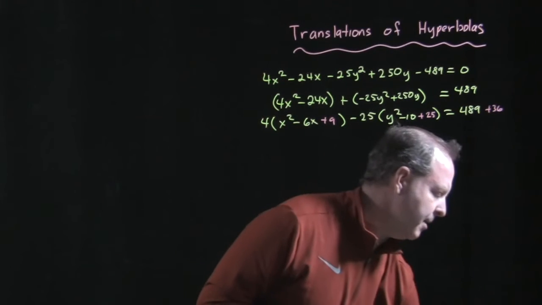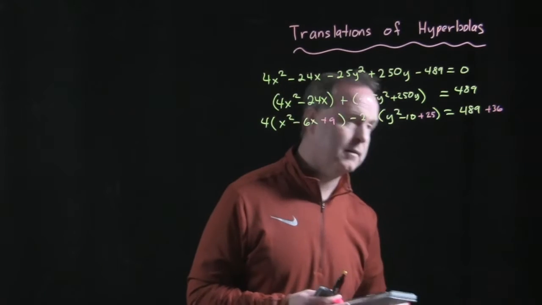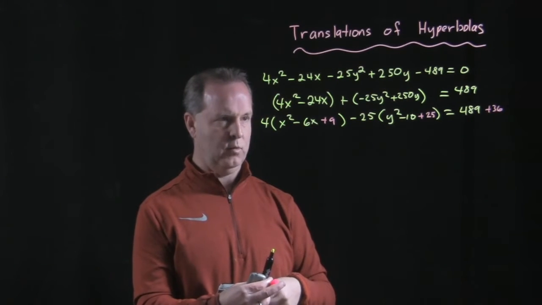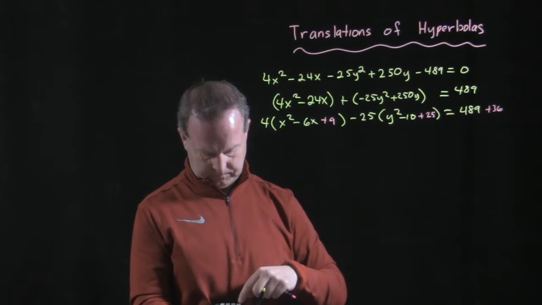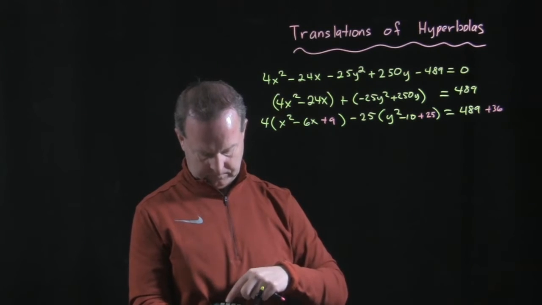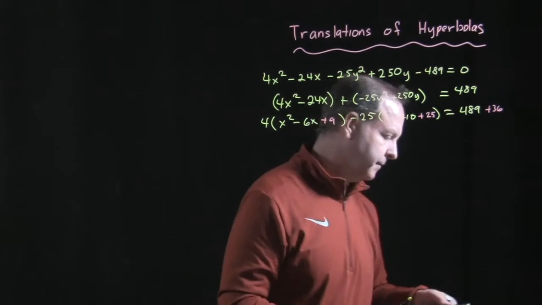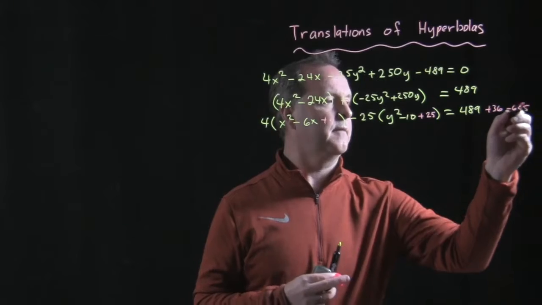And then for the other one, I need to add a negative 25 times 25, which is negative 625.